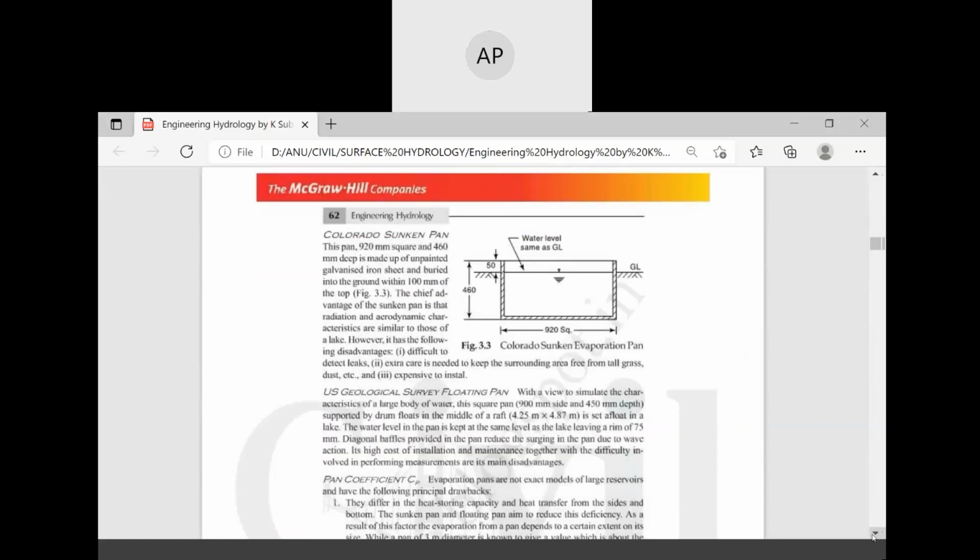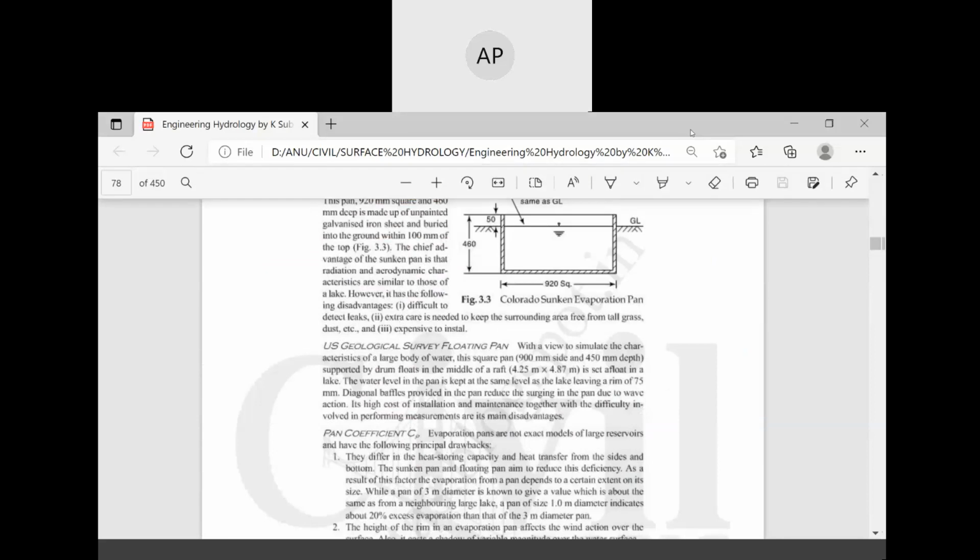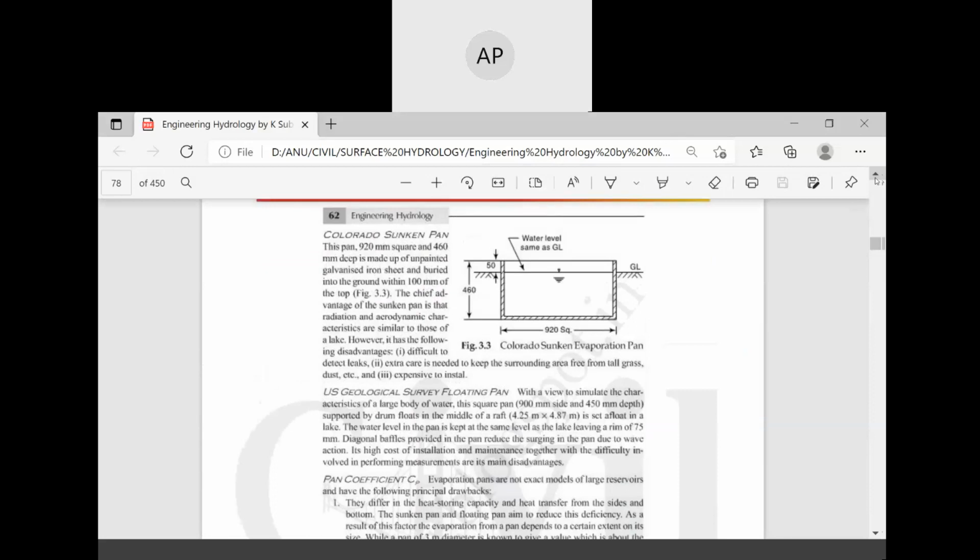Next, there is another pan, the Colorado sunken pan. This pan is 920 mm square and 460 mm deep. It is made up of unpainted galvanized iron sheet and buried into the ground within 100 mm of the top.